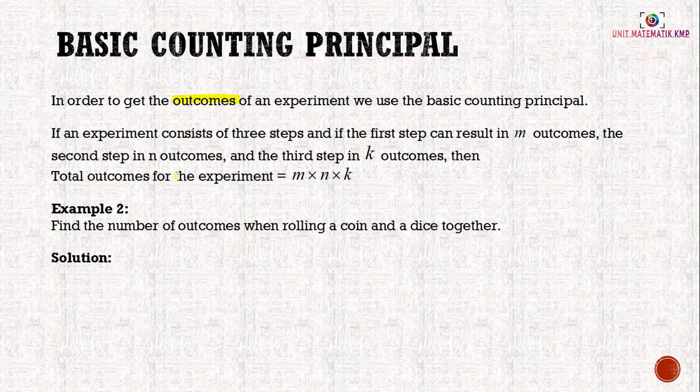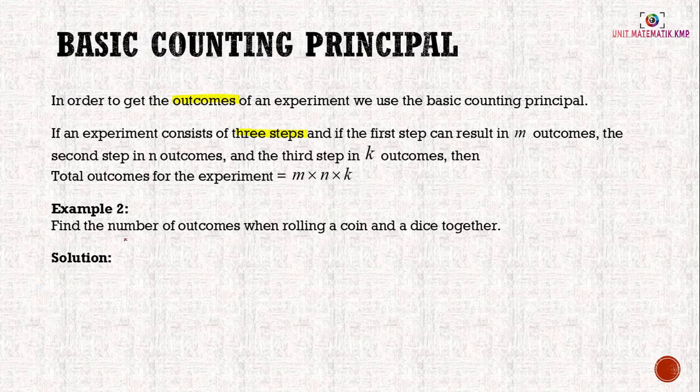Then the total outcome for the experiment is m times n times k. So apa yang dikatakan 3 step tu adalah contohnya bila kita baling shilling 3 kali. Okay, so yang pertama tu dia akan ada m outcomes lah, which is 2. Okay, and the second outcomes 2 juga, and the third outcome is 2. That is if we flip the coin 3 times. So kat sini dia dah bagi example.